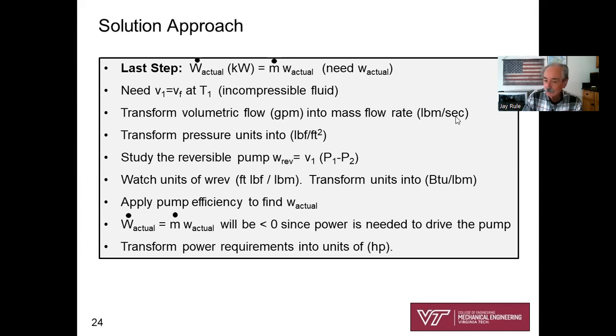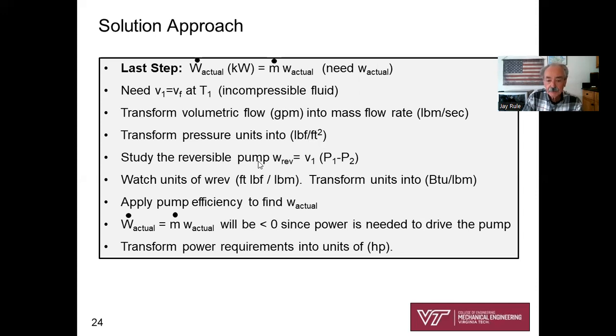I'm going to show you how we're going to use conversion factors to do that, as well as specific volume. We're going to transform pressure units from pounds per square inch immediately into pounds per square foot. That is a key to success. It's right out of the box. Transform pressure units into pounds force per square foot.